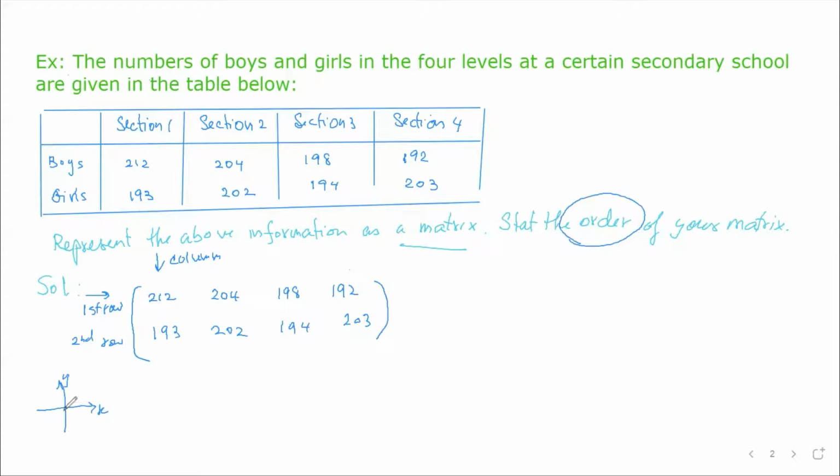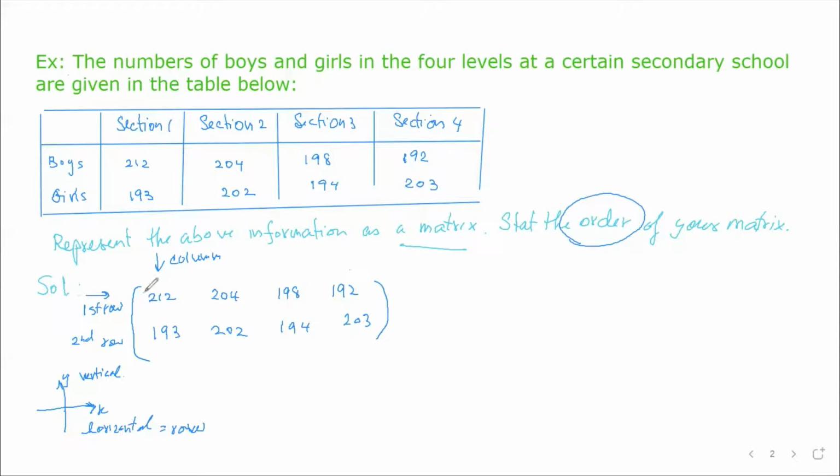The same thing: if you read according to the x-axis, it is horizontal, which is equal to a row. If you read according to the y-axis, it is vertical, which becomes a column.